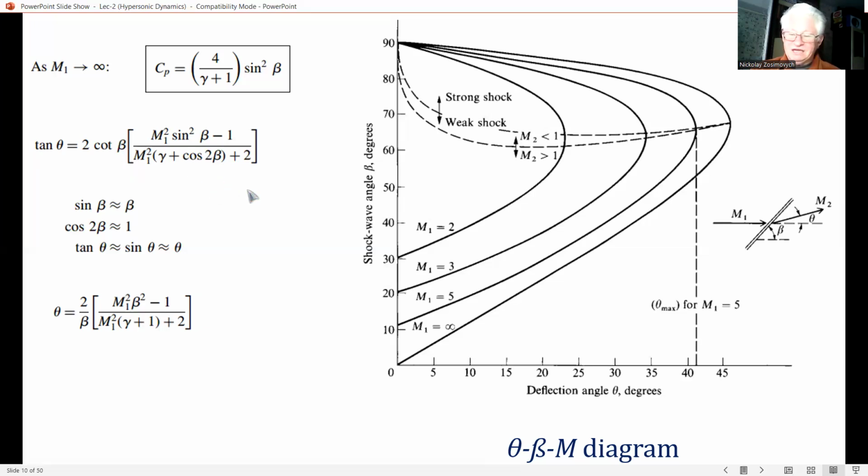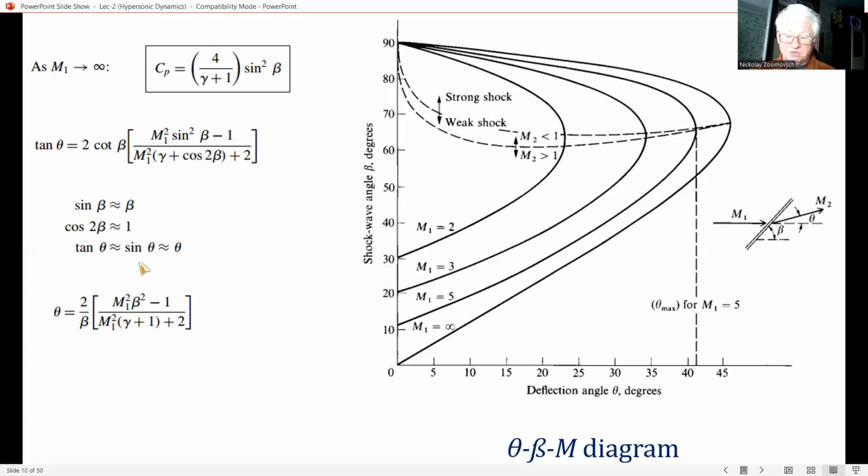Right? This relation is plotted on our right figure, which is the standard plot of wave angle versus deflection angle with Mach number as a parameter. From this figure, note that in the hypersonic limit, theta is small, okay, and beta is also small, and hence in this limit we can insert the usual small angle approximation in this expression.